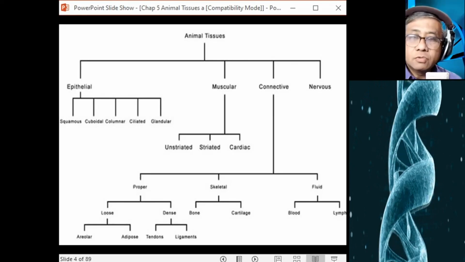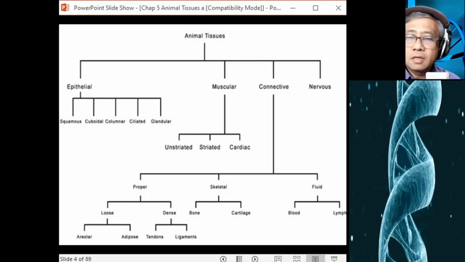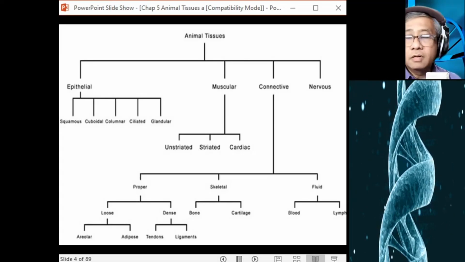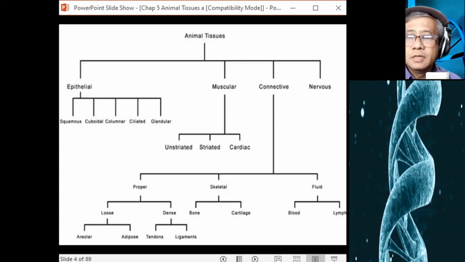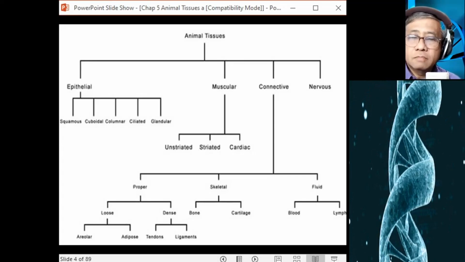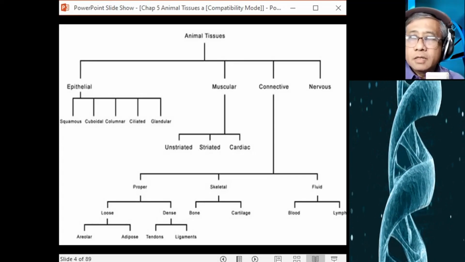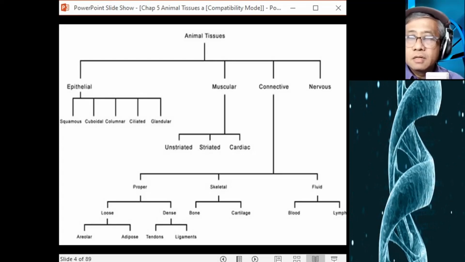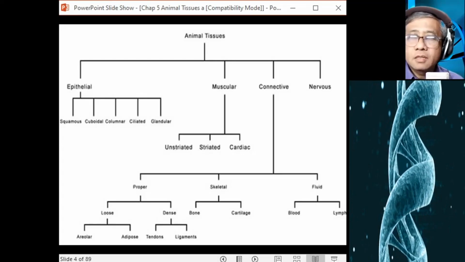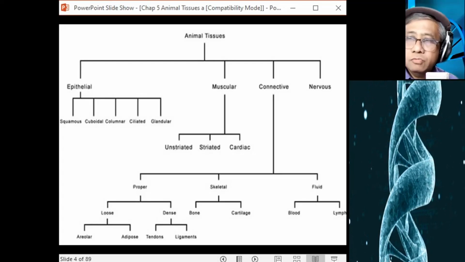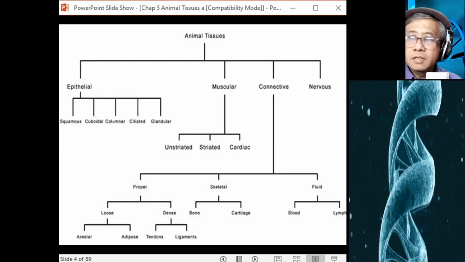Under loose, we have areolar and adipose. And we can include also reticular under loose connective. Now, for dense connective tissue, we have tendons and ligaments. Alright, and for skeletal, we have bone and cartilage. And for fluid connective tissue, we have the blood and lymph.